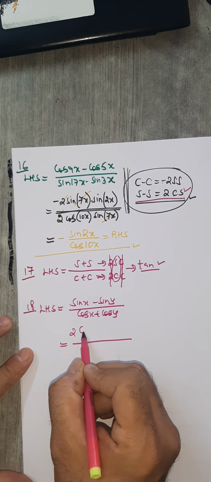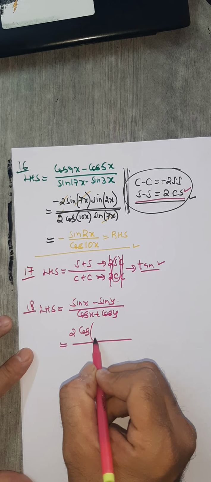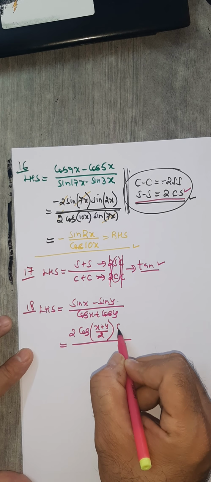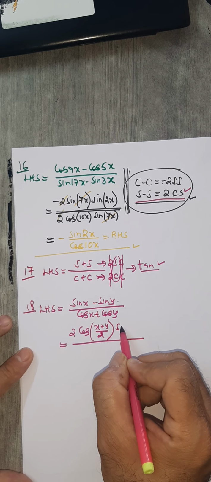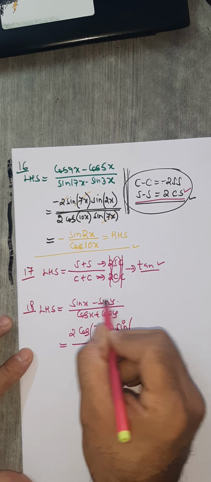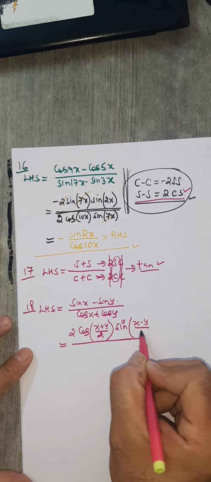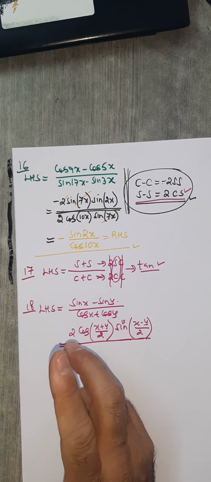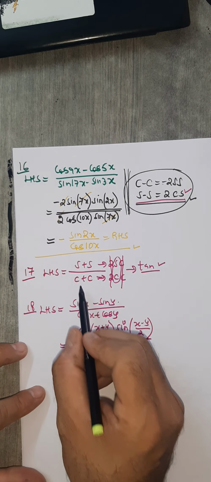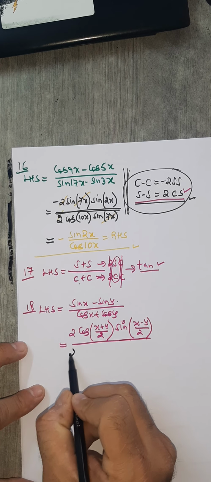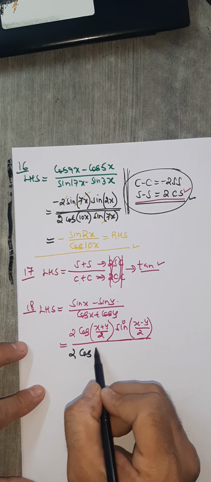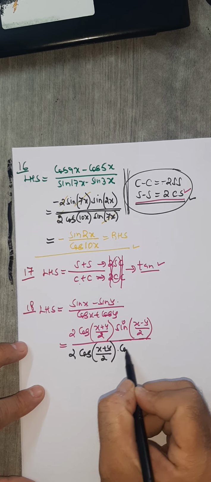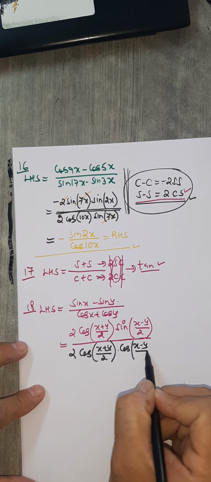So twice cosine this plus this by 2, x plus y by 2, into here sine this minus this, that is x minus y by 2, upon c plus c. What is c plus c? That is 2cc. Like this question. So twice cosine this plus this, that is x plus y by 2, into cosine x minus y by 2.